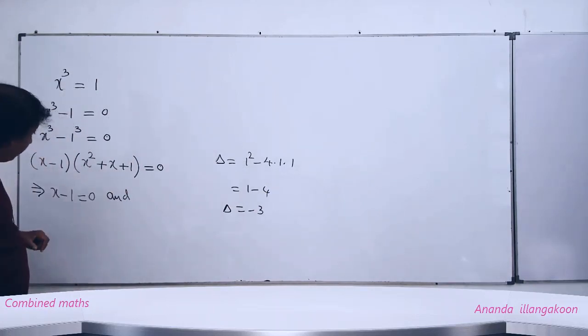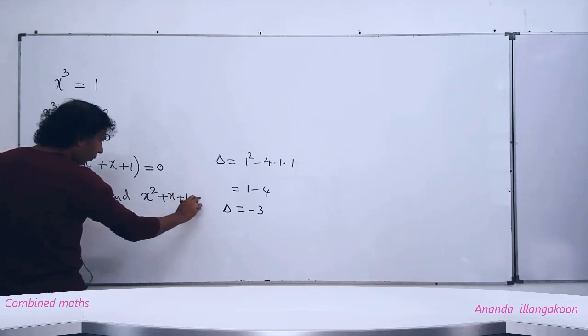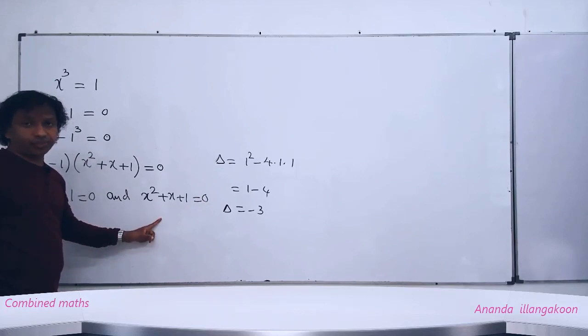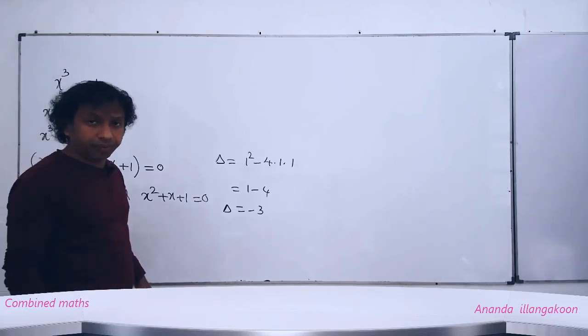Then you can write x squared plus x plus 1 equals 0. Here you get 2 imaginary answers for x, and those x answers are cube root of 1. Then 2 answers come from here for cube root of 1, and another answer comes from here, x equals 1. Finally, since there are 3 answers for x, there are 3 answers for cube root of 1.